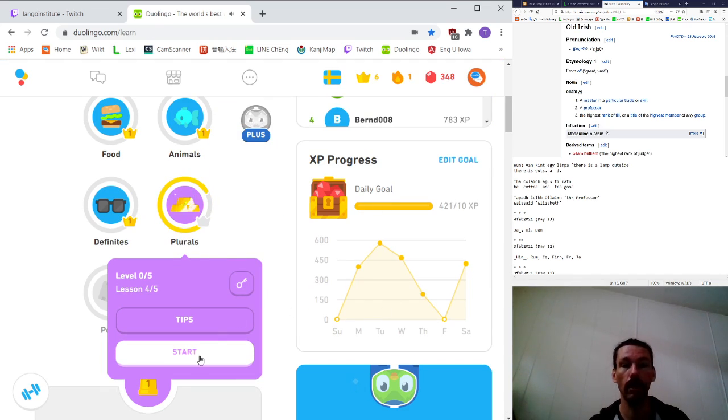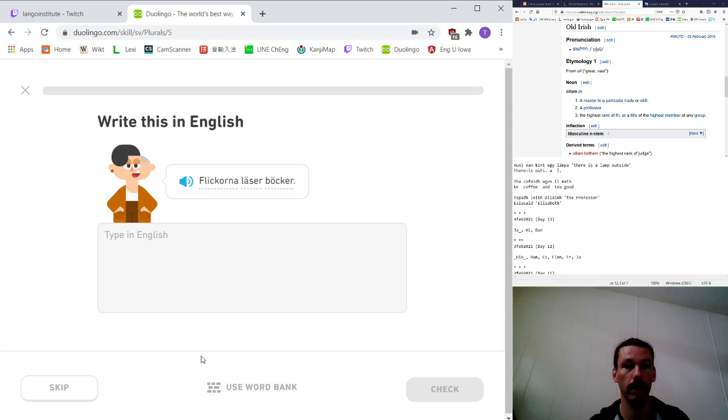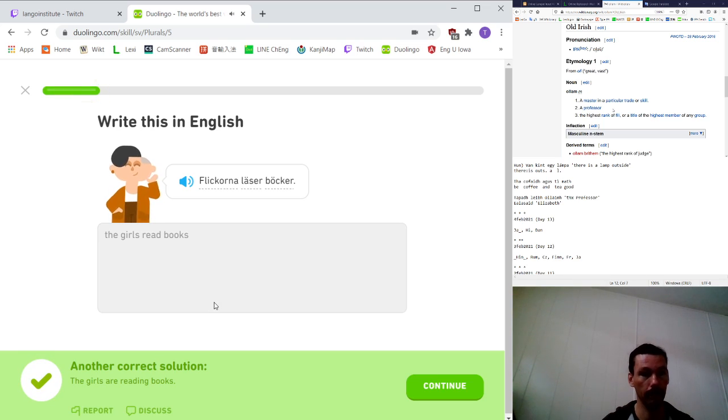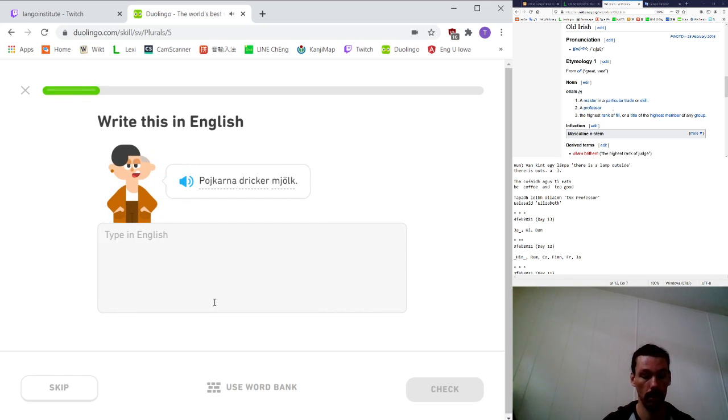And this will be the last little leg for today, I think. Flickorna läser böcker. At least for this morning. No longer morning. Read books looks not definite. Reading books. Pojkarna dricker mjölk. The boys drink milk. Barnen äter glass. So, we don't know if it's one child or many.